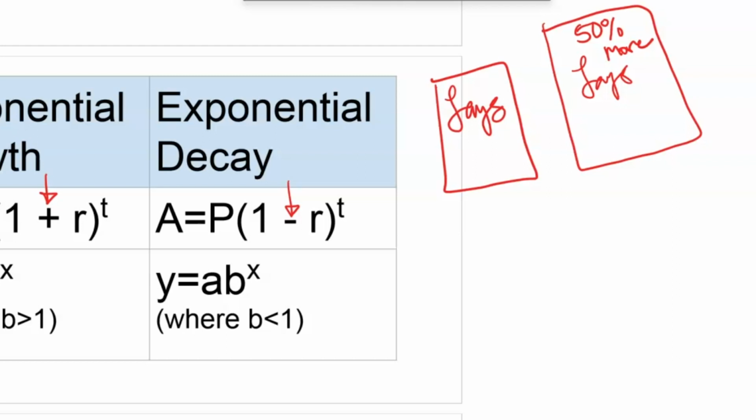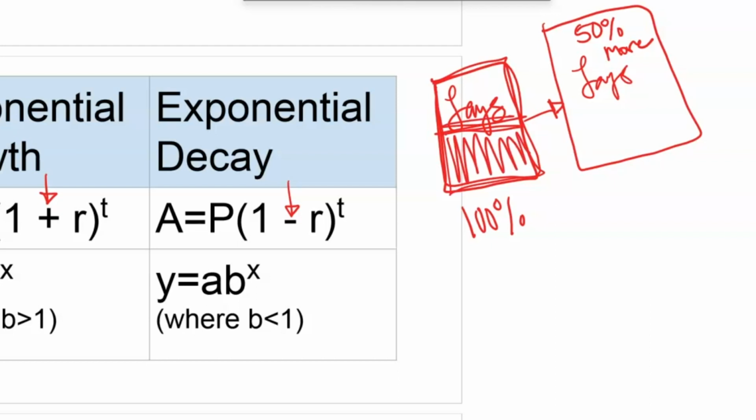What it means when it says 50% more is, if we think of the original size bag as 100%, the new bag is the same size, the 100%, plus 50%, which would be half of this bag. So it's 100% plus 50%, and that gives you the new bag. So it's like 1.5 times the size.